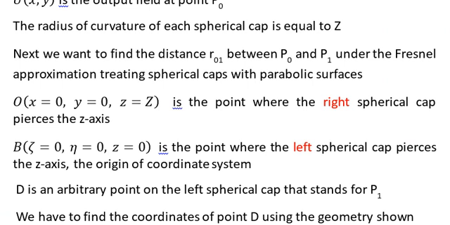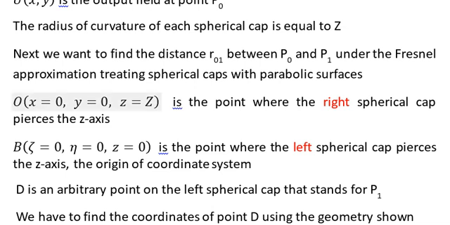Next we want to find the distance r01 between P0 and P1 under the Fresnel approximation, treating the spherical caps as parabolic surfaces. So we define the two coordinate systems on the z axis for the left spherical cap and for the right spherical cap.